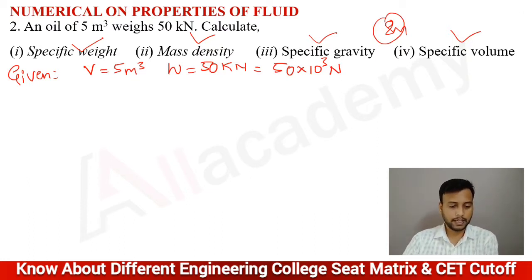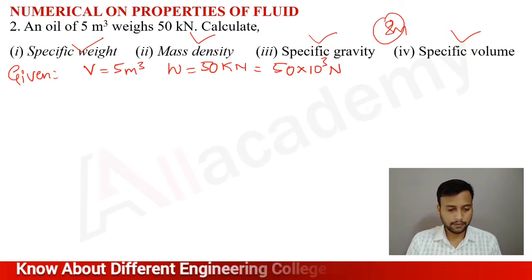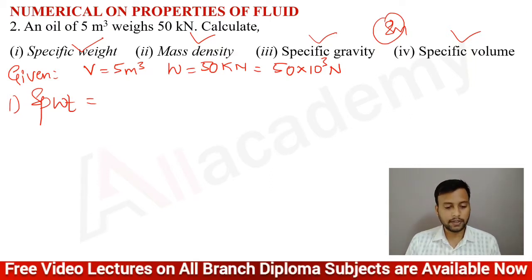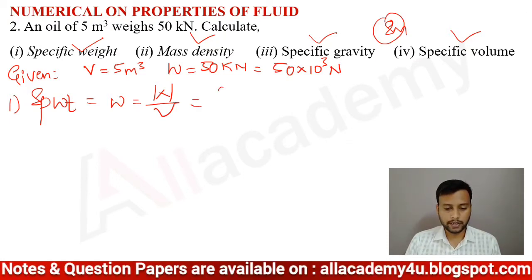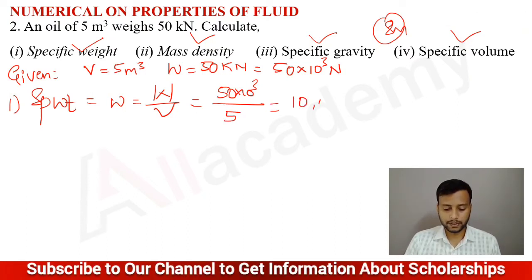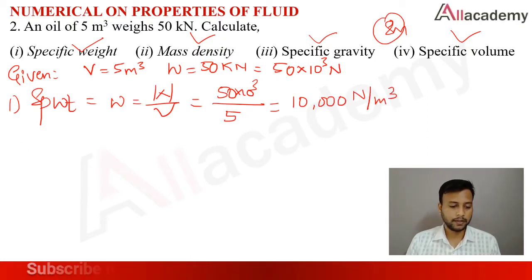The first one is the specific weight, given by small w equals capital W by V. So 50 into 10 raised to 3 divided by volume 5. If you simplify this, you will get around 10,000 Newton per meter cube.